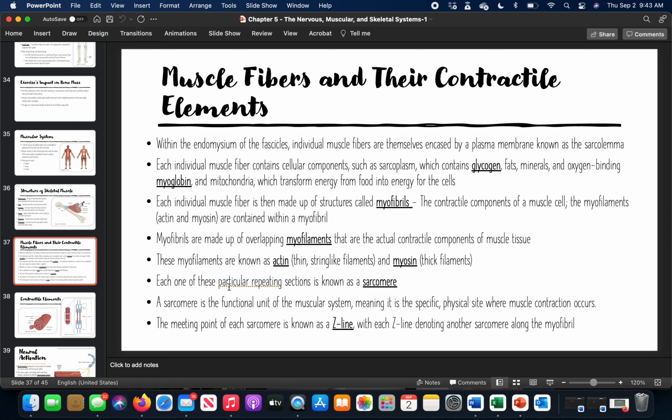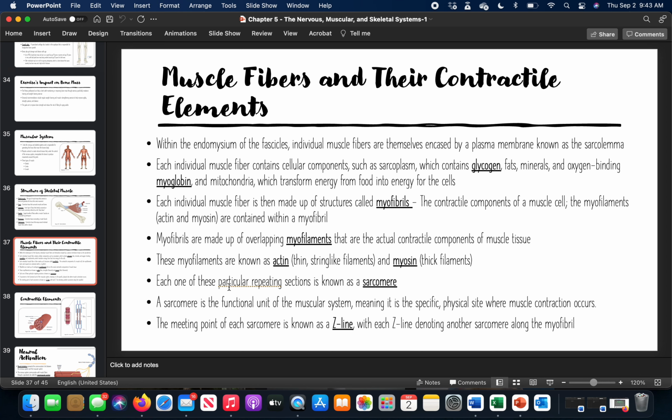We are also made up, within that fiber, of the smallest contractile units. Those myofibrils are broken down into what we call myofilaments. Those are the actual contractile pieces of the muscle. Those myofilaments are what we would call actin and myosin, and we'll talk about those in a second. All right, and the actin and the myosin from Z line to Z line is what we would call a sarcomere.